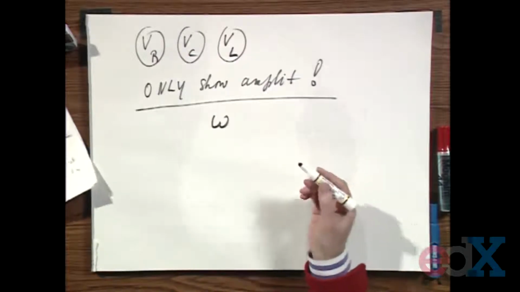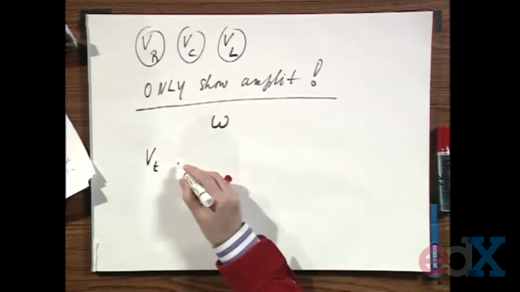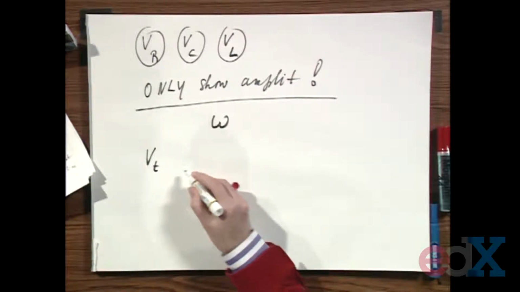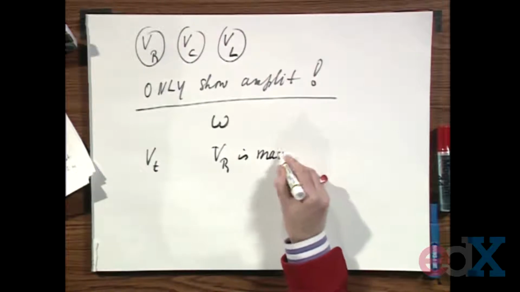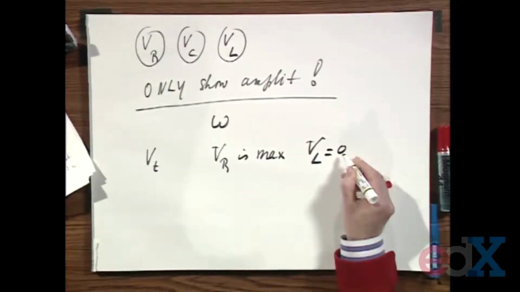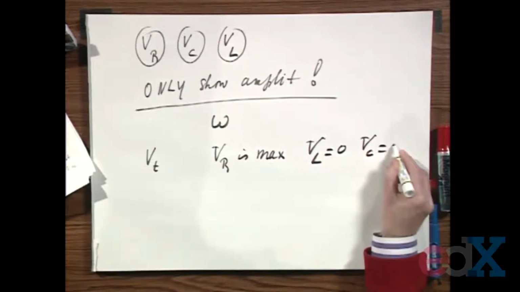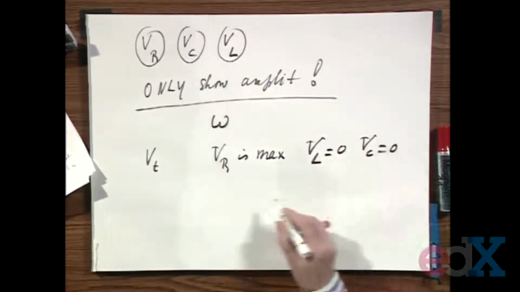If they could show the instantaneous values, V at any moment in time, then you would see when VR is a maximum, and I repeat myself because I've said it before, then VL would be 0, and VC, the voltmeter over the capacitor, would be 0.